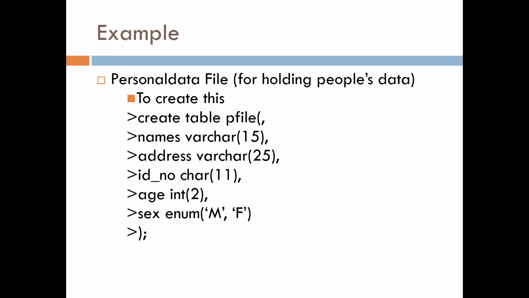Okay, so here's an example. So let's create a personal data file for holding people's data. So create table P file. Then we have our names. So the name varchar, that's variable character, and you want it to be 15.